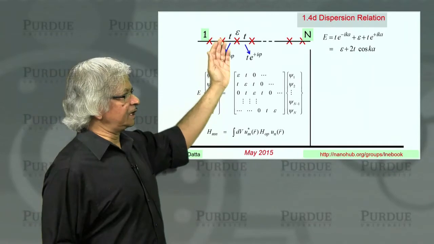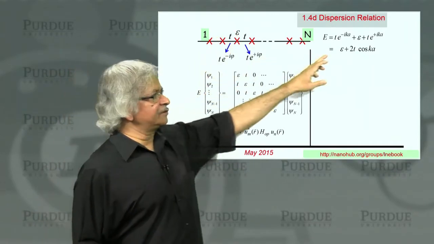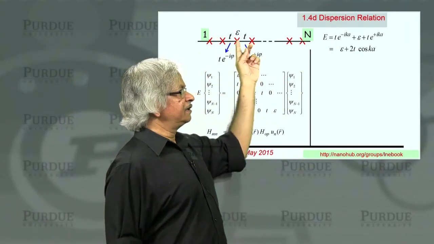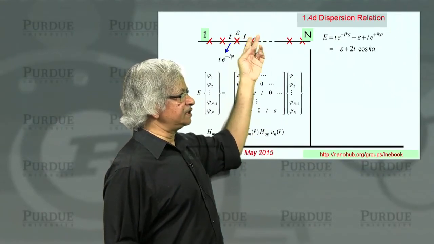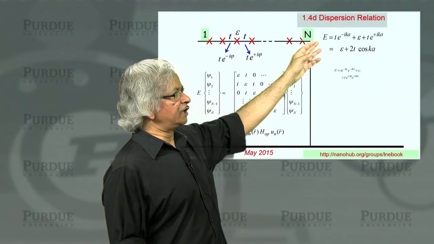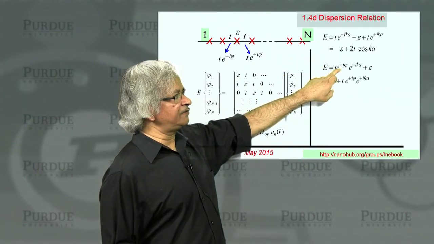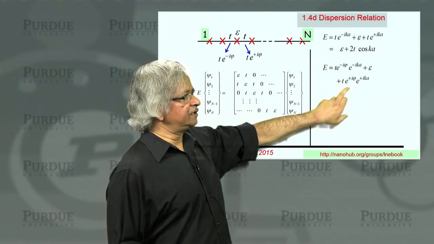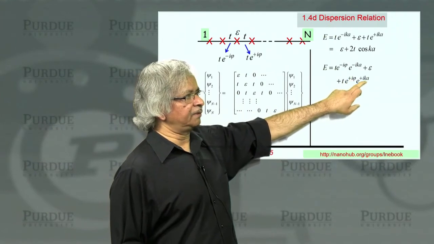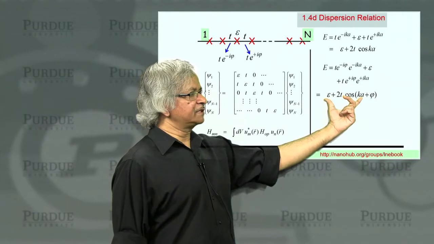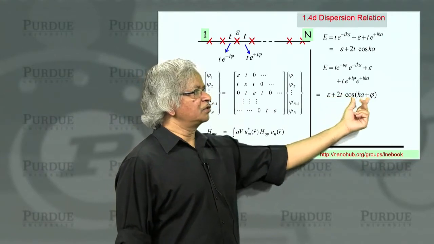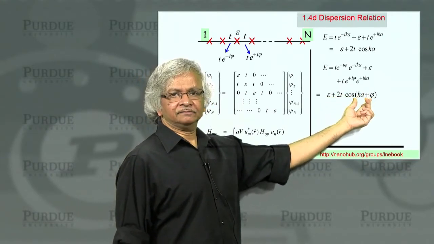That's straightforward, because from here you see the basic rule is simple. You just take t e to the power minus ika plus epsilon plus t e to the power plus ika. So now you would have t e to the power minus i phi minus ika, and t e to the power plus i phi plus ika. And now if you combine the two, you'd get epsilon plus 2t cosine of ka plus phi.